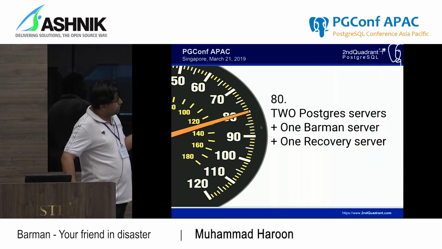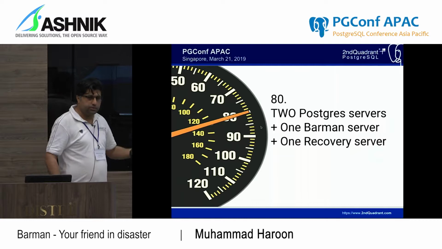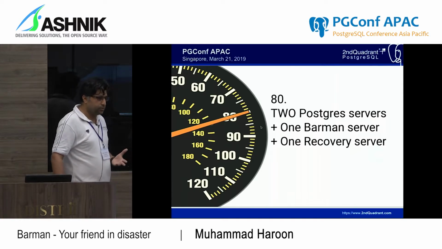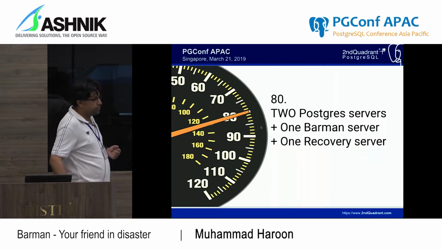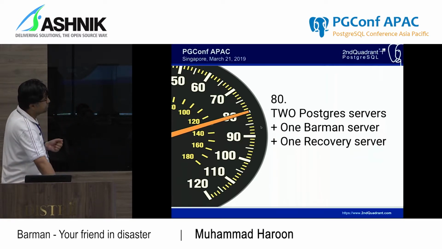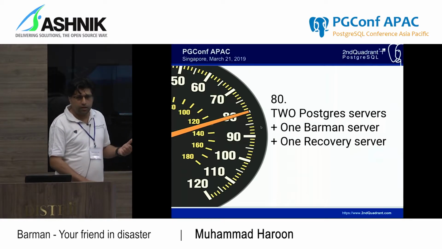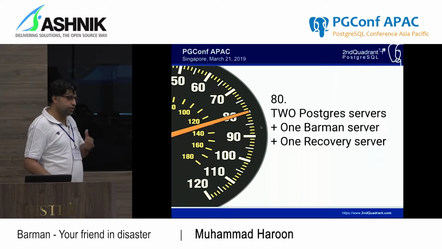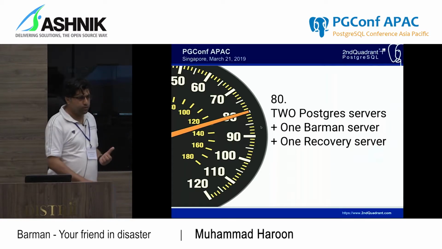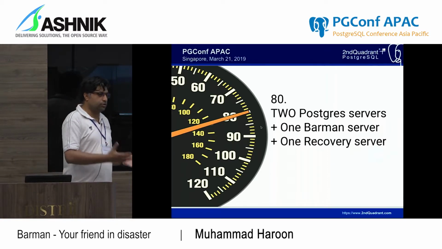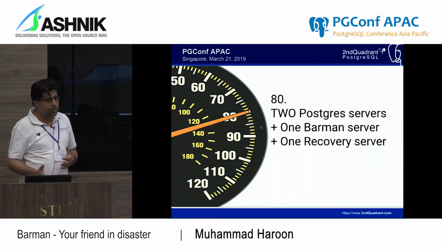So what we have now is two Postgres servers, one the primary server, second the standby server, which is our synchronous or asynchronous standby, depending on your requirements. But for the moment, we have two servers. We have one Barman server, which is taking care of the continuous archival and the backups. And then we have one recovery server where we are continuously restoring those backups as and when they are taken to make sure that those backups look healthy.